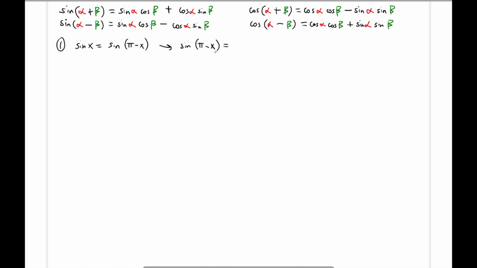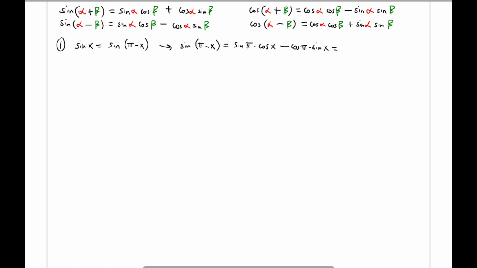We're gonna take the sine of pi because pi corresponds to the alpha, so sine of pi multiplied by the cosine of the second angle, cosine of x, minus now cosine of the first angle, that means cosine of pi, times the sine of the second angle beta, so sine x in this case.